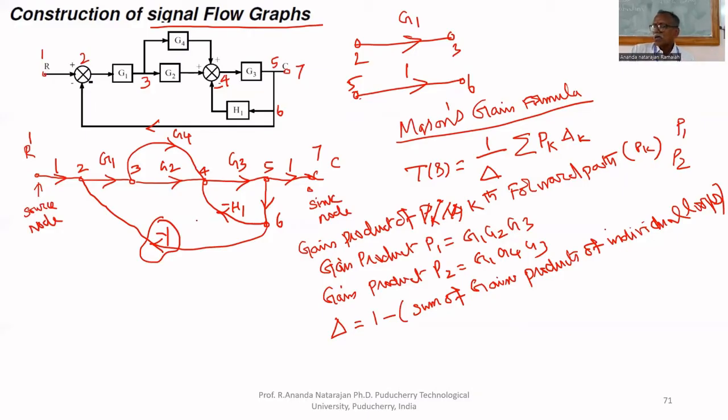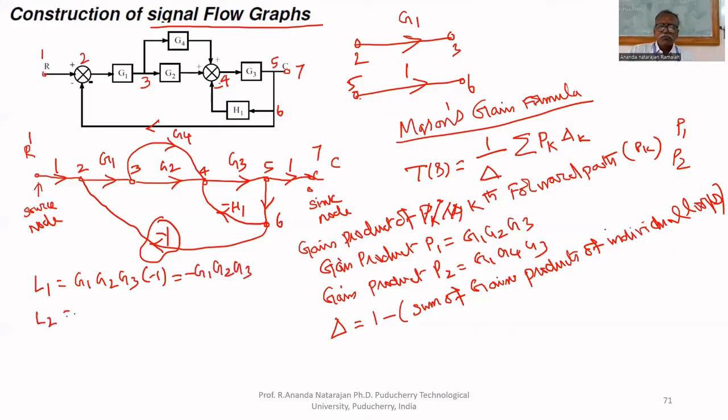The gain product of loops means whatever gain you mentioned, you multiply all those things. First loop, L1, equals G1, G2, G3 times minus 1, therefore L1 equals minus G1, G2, G3.